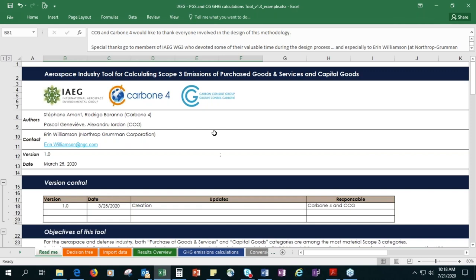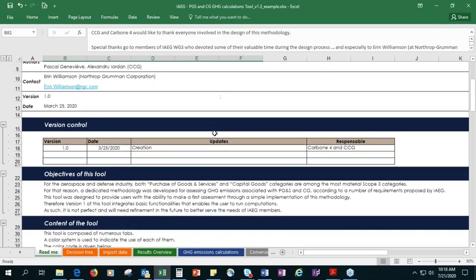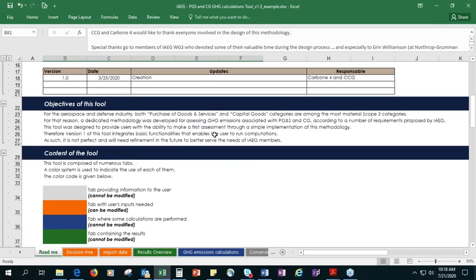So we'll start on the README tab, which is a brief overview of some of the user functions. There's a larger explanation in the user guide document, but this is a quick reference as you're beginning the process within the tool.